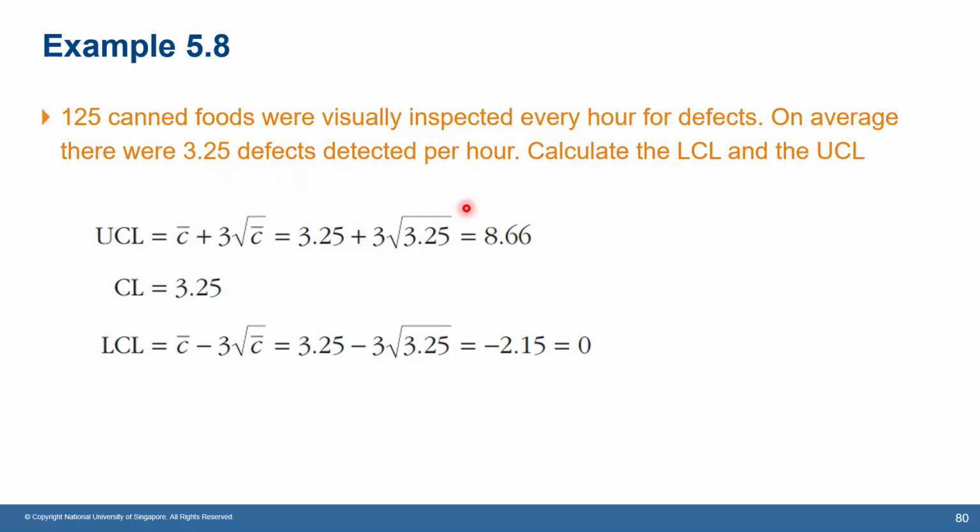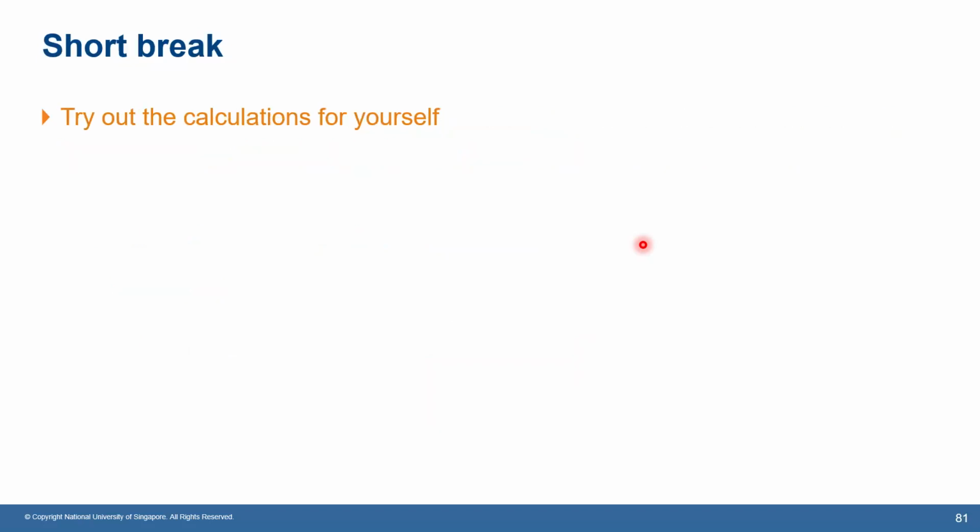Nevertheless, the point is we want to calculate the C chart. If you calculate the LCL and the UCL, the CL is basically 3.25, and then we substitute in the equation, and this is what we'll get, the UCL and the LCL. I'll leave it for you to try out the equations.